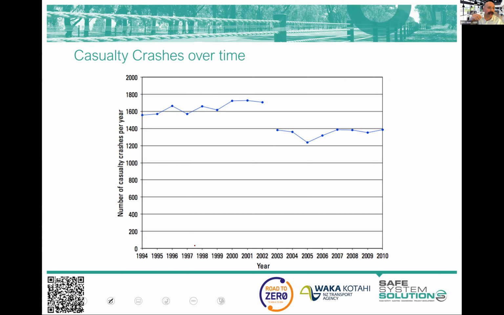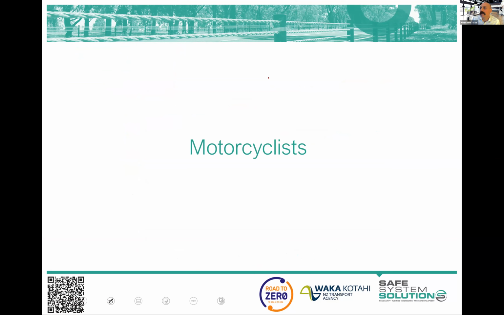Again, this one's from Adelaide, and no prizes for the year in which they did the change from a default 60 km/h speed limit to a 50, but you can see the step change there. So just that speed limit does really work quite well. I'll pause there before I get on to motorcyclists.